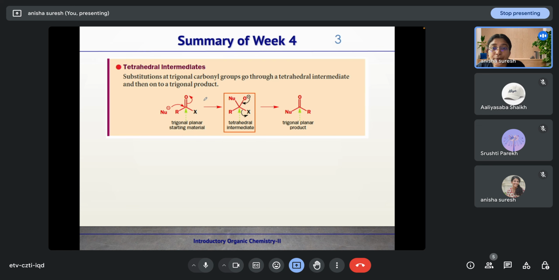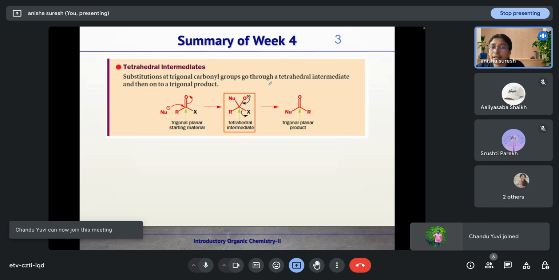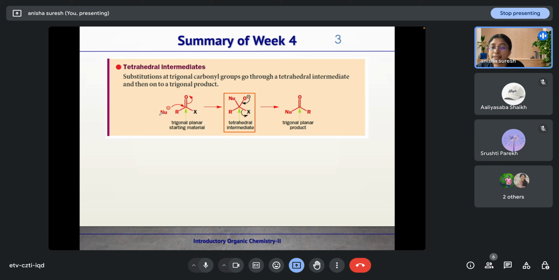So how does substitution take place in carboxylic acids? This is the trigonal planar geometry of our carboxylic acid or carboxylic acid derivatives. It goes through a tetrahedral intermediate and then we get a trigonal planar product. We have the carboxylic acid derivative in the presence of a nucleophile.